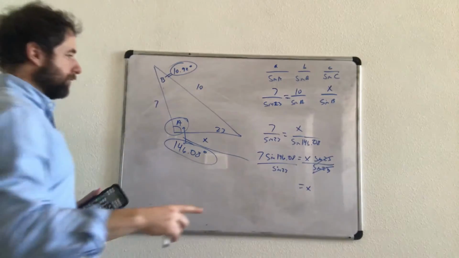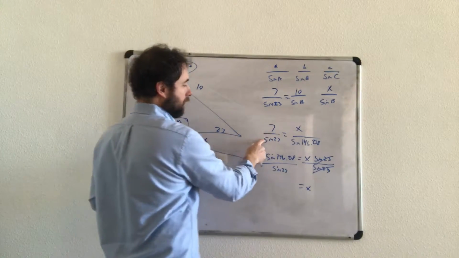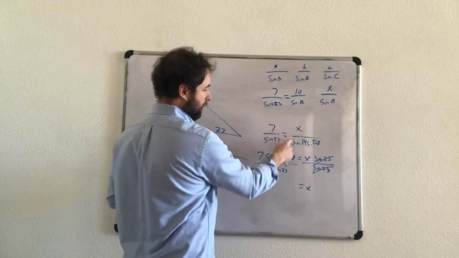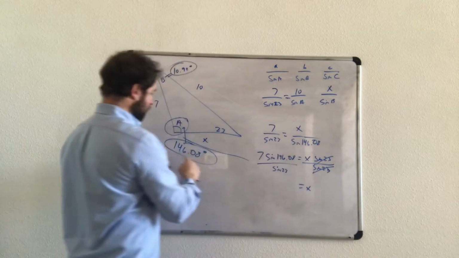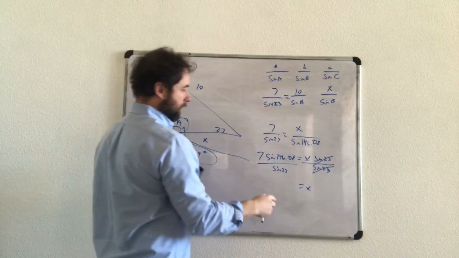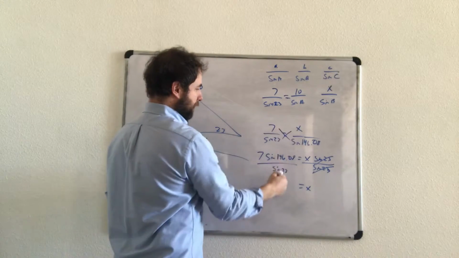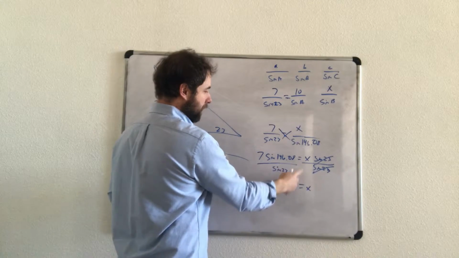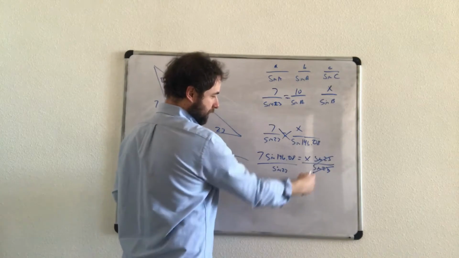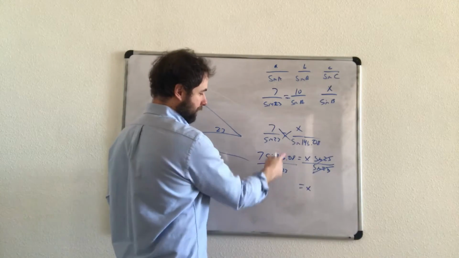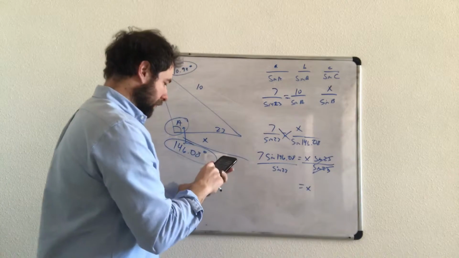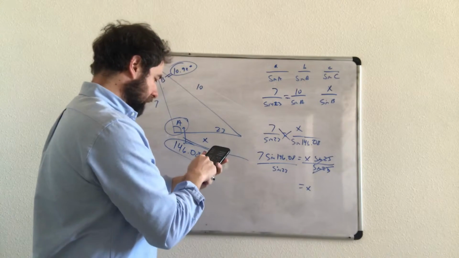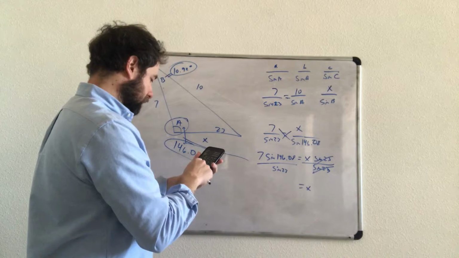We'll take sine 7 over sine 23 equals x over sine 146.08. Cross multiply. When you do that, you get 7 sine 146.08 equals x sine 23. Divide both sides by sine 23. Then we'll put this in our calculator, and then we will have our answer.